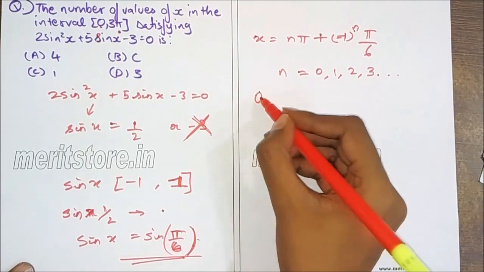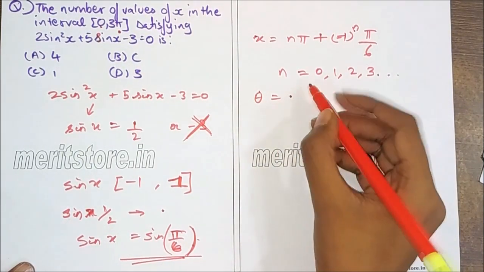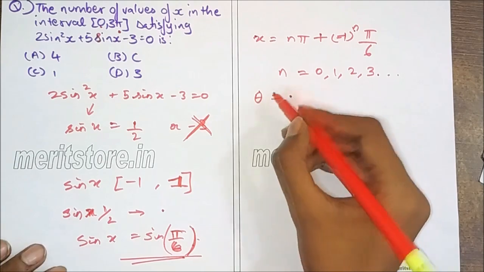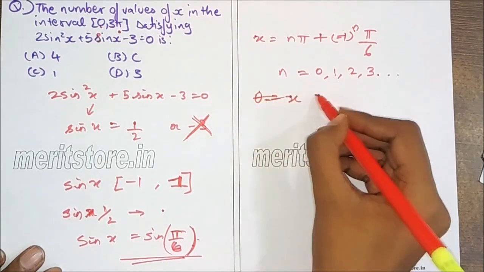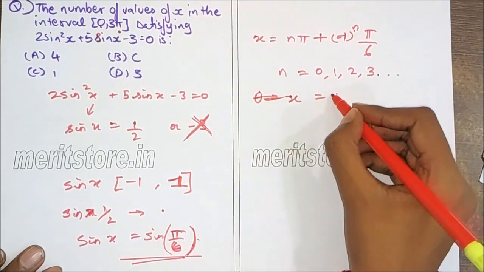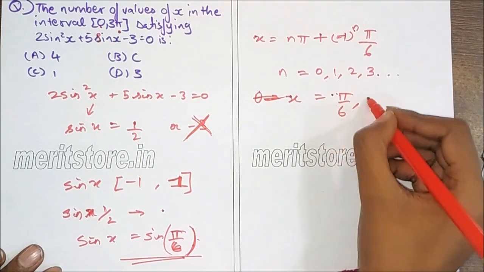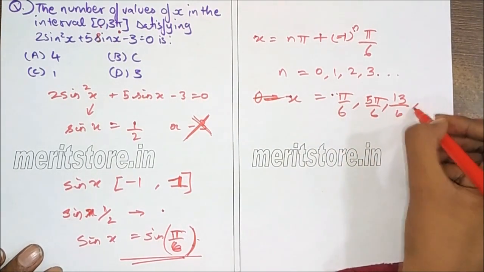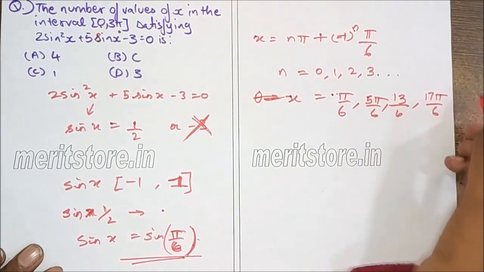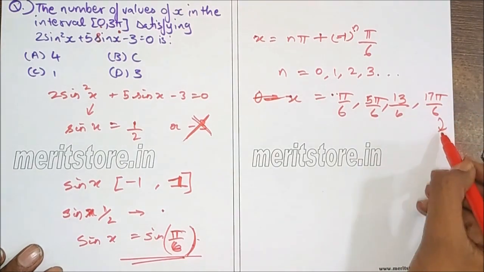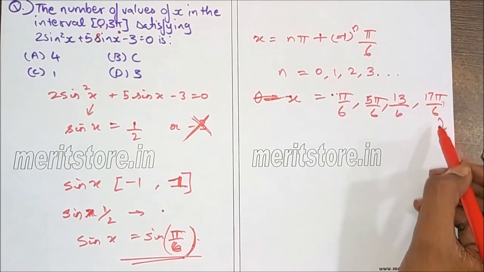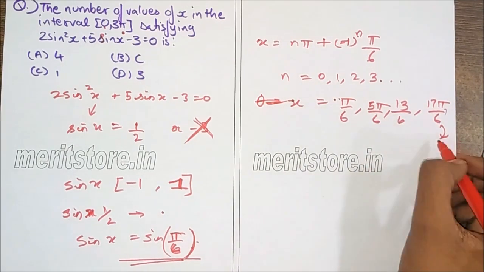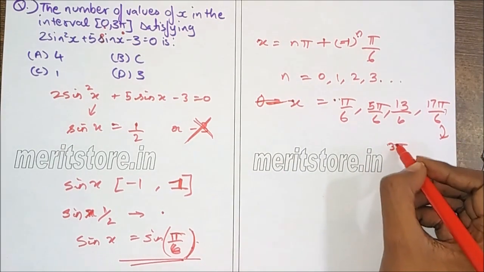So we get the values x equals pi by 6, 5 pi by 6, 13 pi by 6, 17 pi by 6. Once this exceeds the value, it becomes greater than 3 pi.